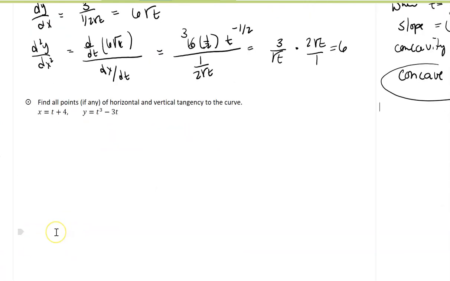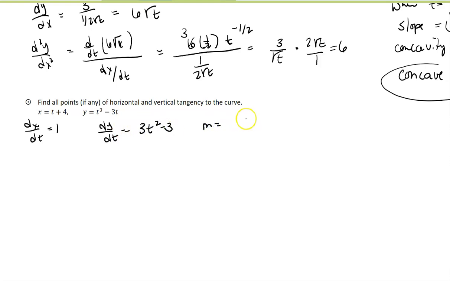This one says find all points, if any, of horizontal and vertical tangency to the curve. So I'm going to start by finding my derivative. So I'm going to find dx over dt, which is 1, and dy over dt, which is 3t squared minus 3.